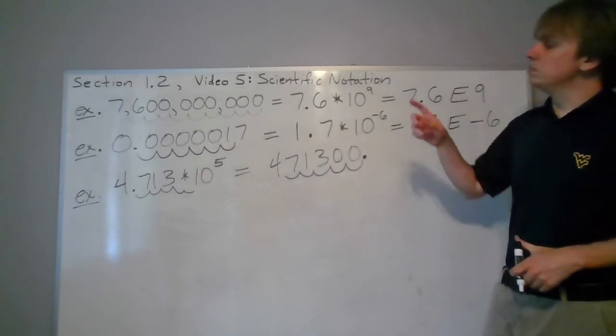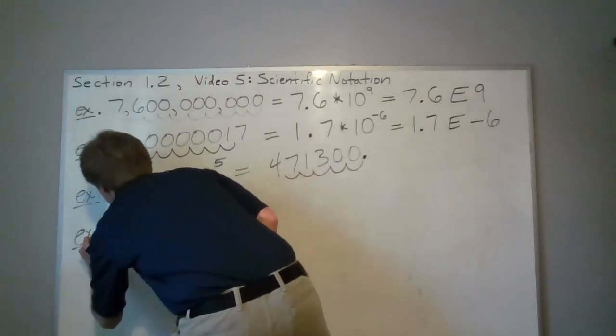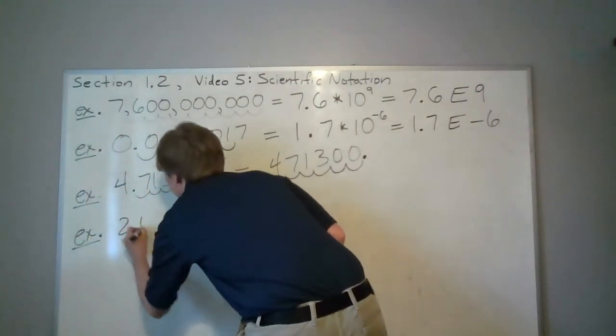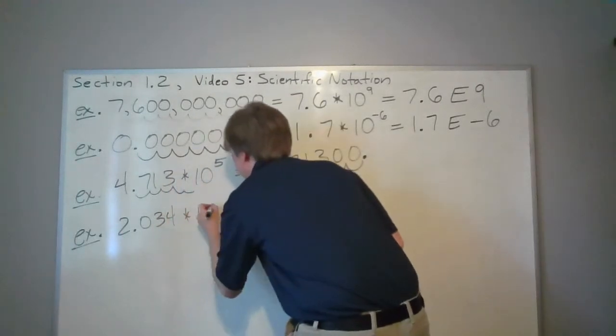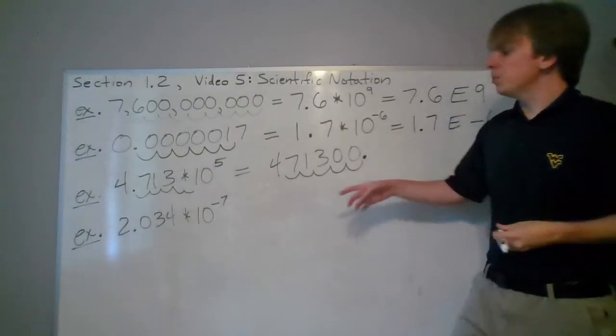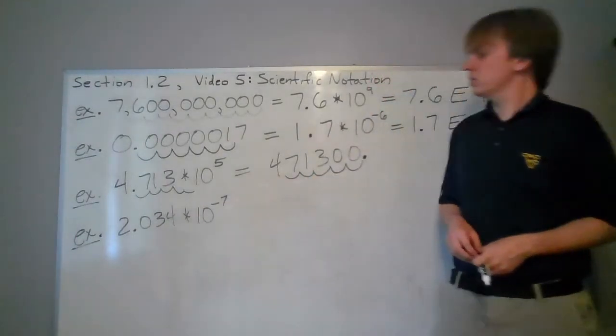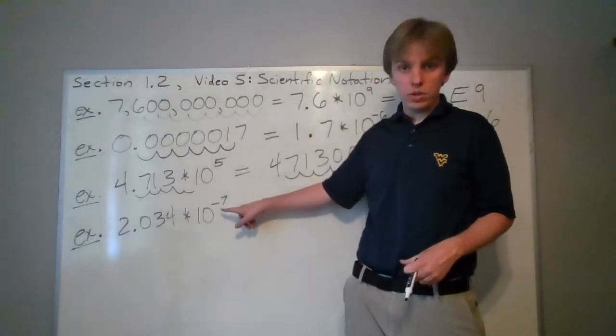Okay, let's try another one. Same story. We're going to move the decimal point 7 times, only since this is a negative exponent, that means we're going to turn it into a small number.